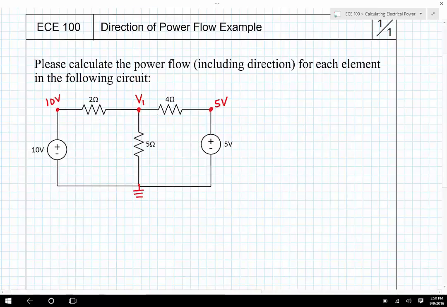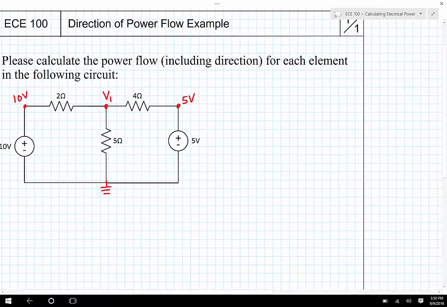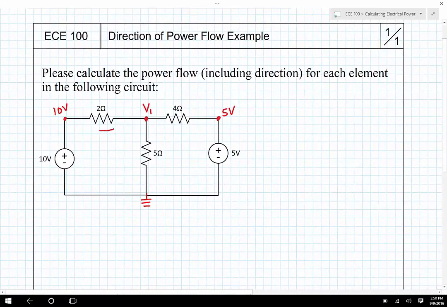I'm going to calculate the current that is leaving V1 in this direction, the current that's leaving V1 in this direction, and the current that's leaving V1 in this direction. I'll write the one nodal analysis equation over here. So this will be KCL at V1.